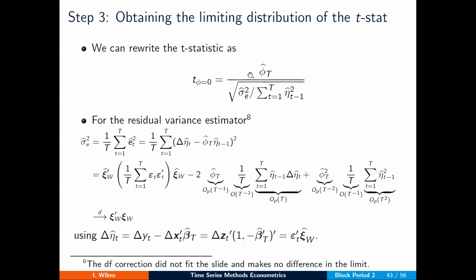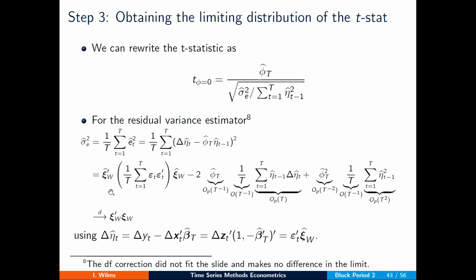We start from its definition, estimator minus quantity under the null, which is phi equal to 0, divided by its standard error. And the only new ingredient is the variance estimator of the residuals, which is defined over here. After again plugging in the definition of the residuals and rewriting our eta hat like we did before, we can expand this product in this way, where all of the terms appear.